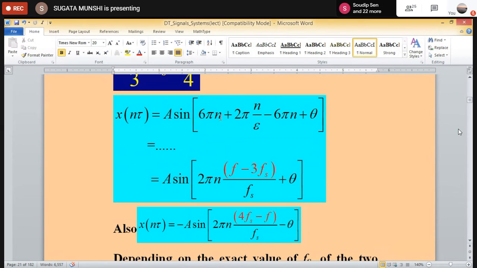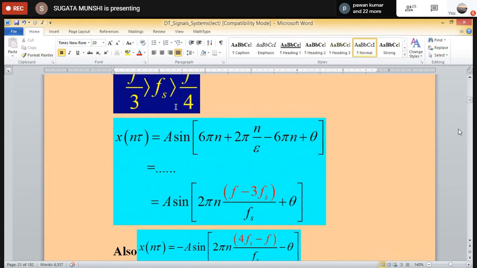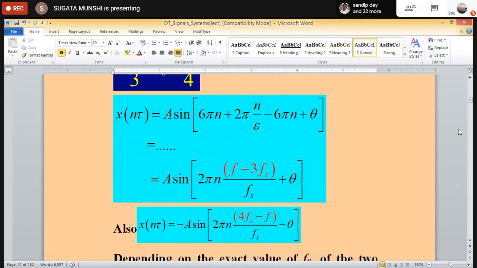If instead of 6 pi n, you insert 8 pi n in both these cases, you would have got a sinusoid with frequency 4fs minus f. So for that particular subrange, the alias of f will be either f minus 3fs or 4fs minus f, whichever is smaller.